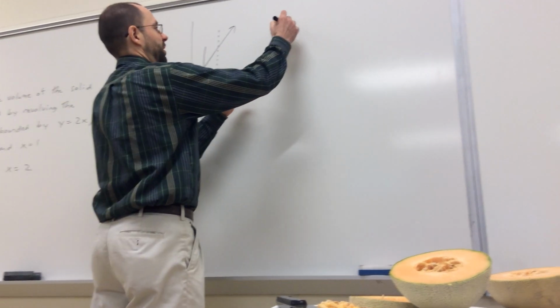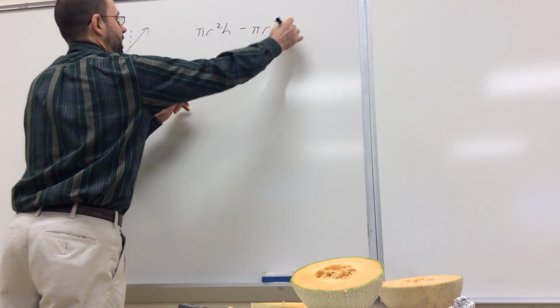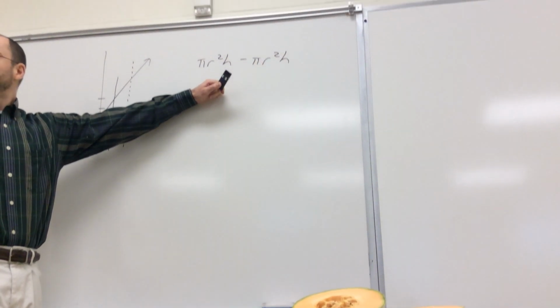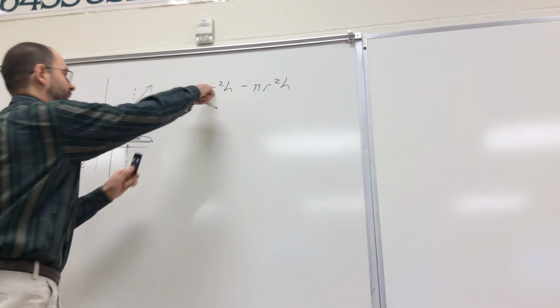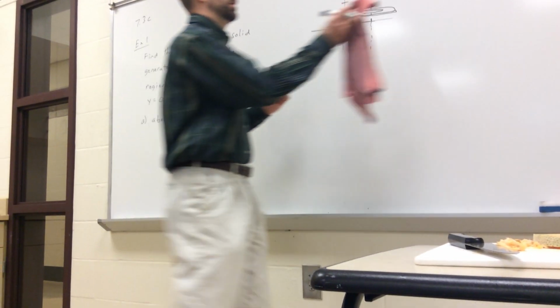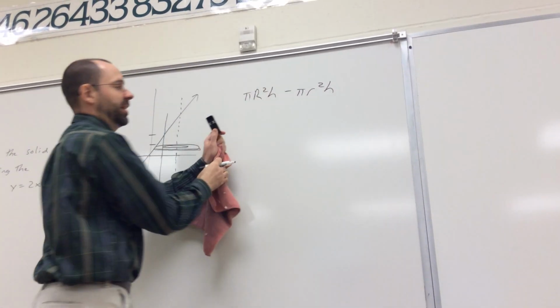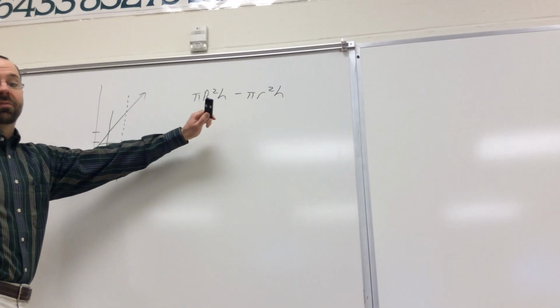So the formula today is pi r squared h minus pi r squared h. And sometimes I put a big R here, just to emphasize that the radiuses are two different radii.